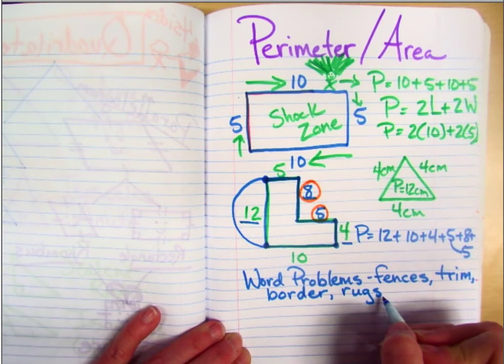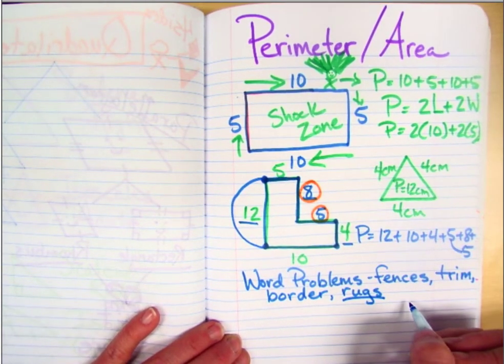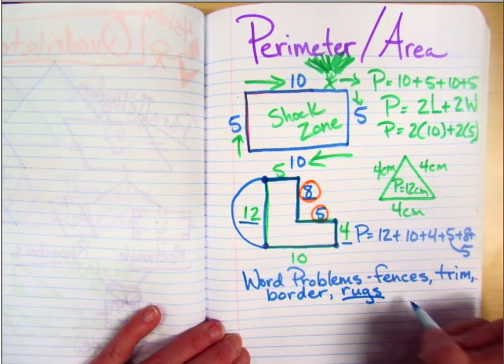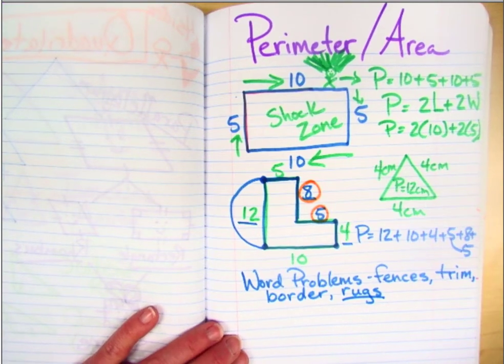Rugs can be both area and perimeter, so be careful on those. But you're usually looking at a room or a yard on the word problems.